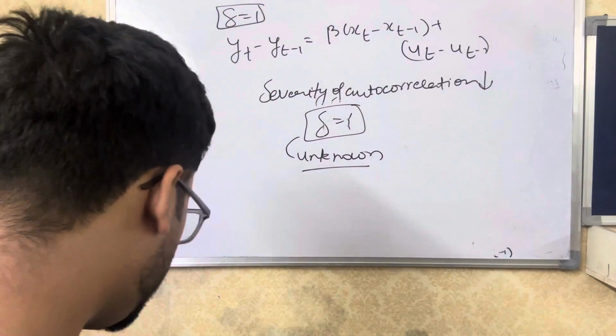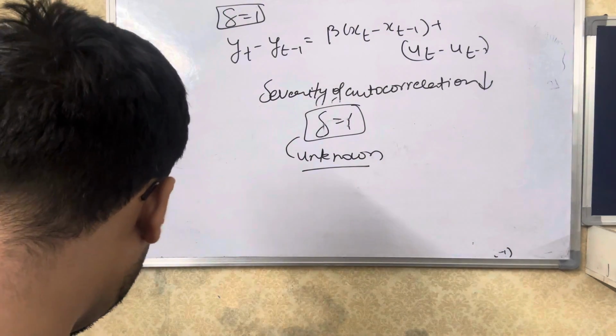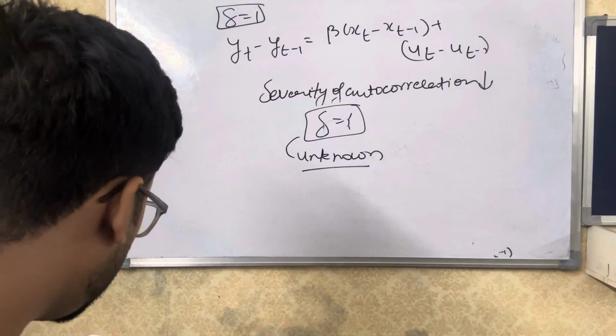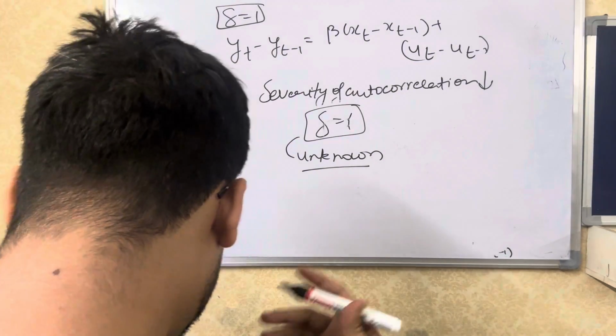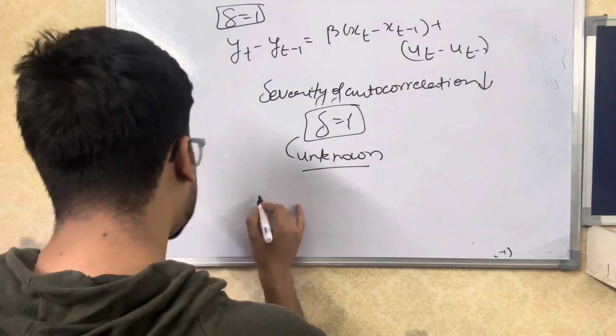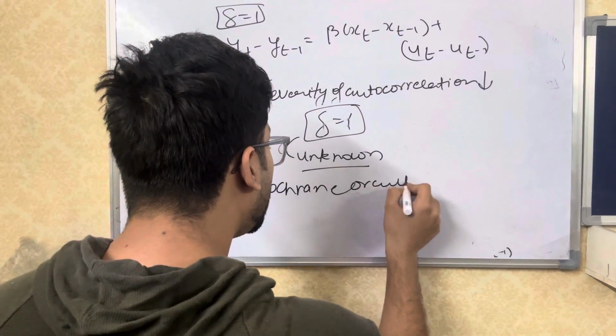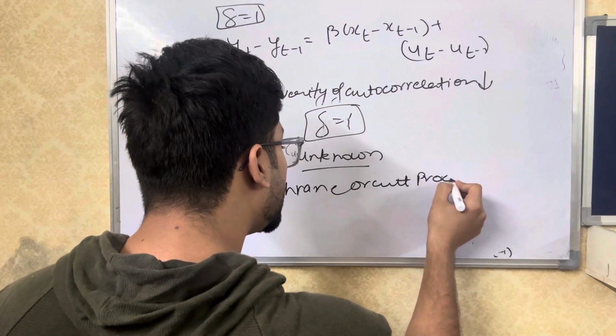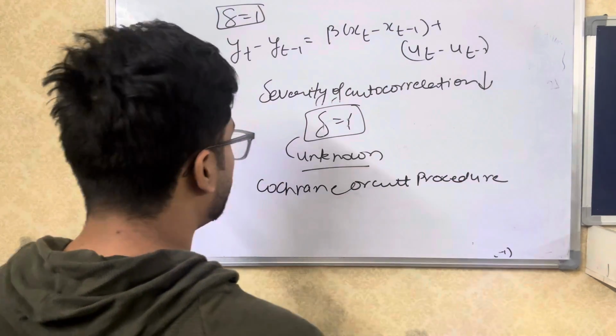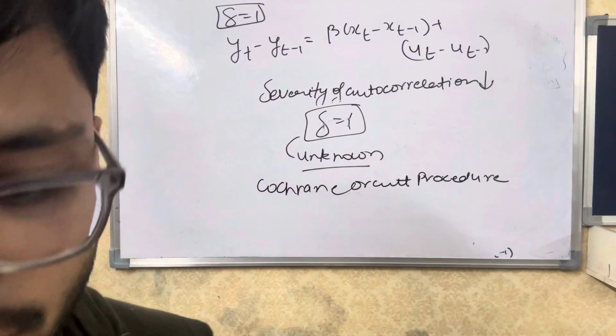So due to this problem, we have another iterative process, very important process called the Cochrane-Orcutt procedure. Okay, this is when the rho value is not known.